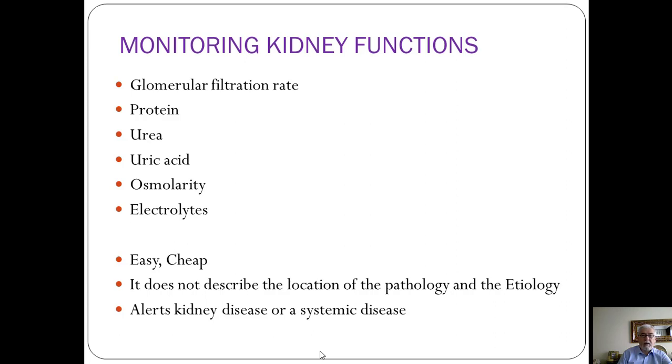We can do this very easily, and all of them are cheap tests in the lab. They do not describe the location of pathology or etiology in general, but we can understand some kidney function problems. It is a good tool. Another important advantage is that it can alert us to kidney disease or systemic disease.